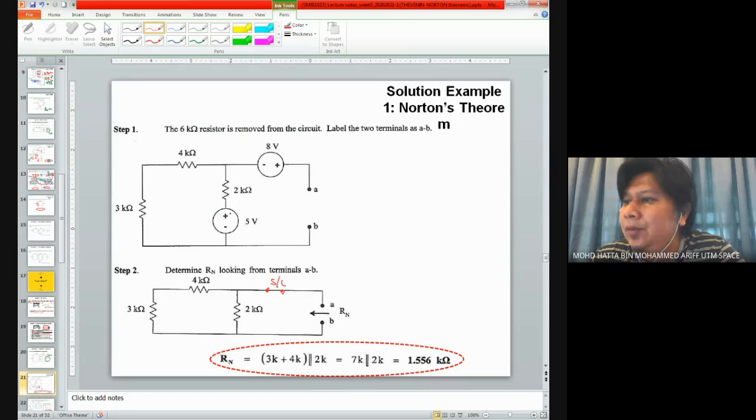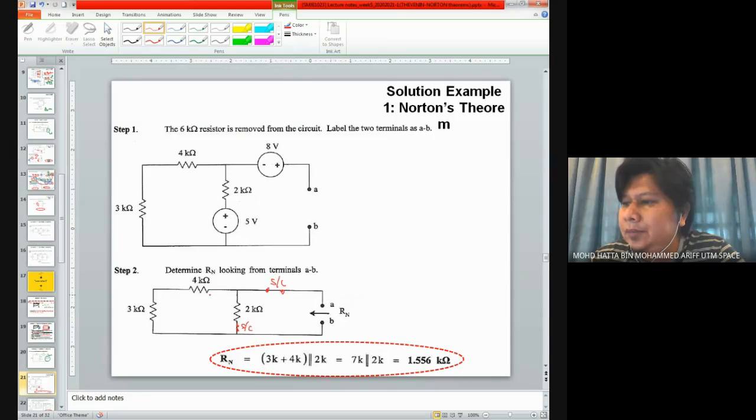And this 5 volts voltage source is basically under this 2 kilo ohm. This is also short circuit because this is a voltage source. So voltage source, we need to treat it as a short circuit element. And we try to find what is the value of resistance looking from that A and B terminal.